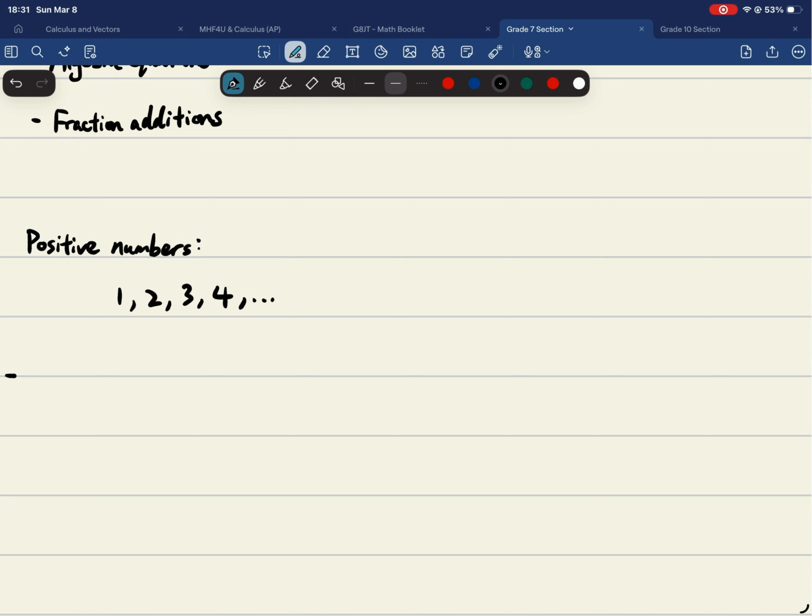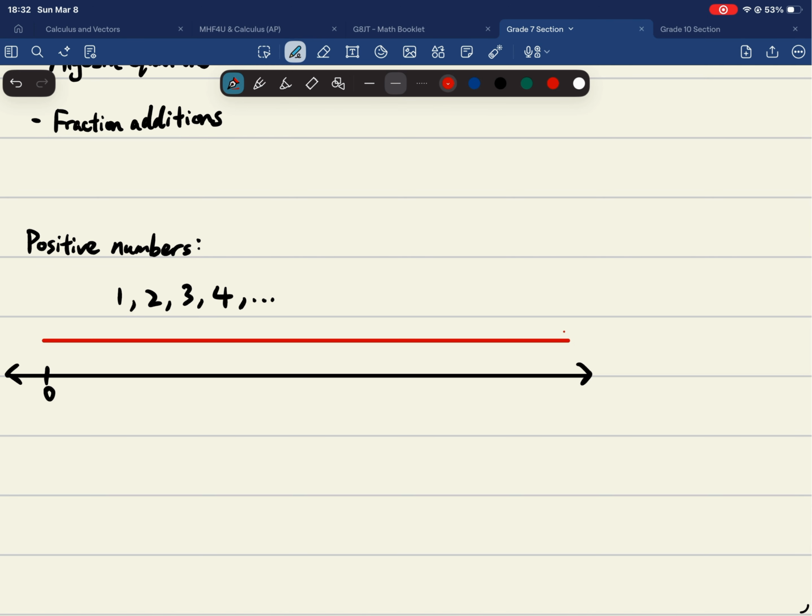If you're looking at a number line, if I draw a number line here, if this is 0, then positive numbers will be any number bigger than 0. So if there's 1 here, there's 50 here, or there's 100 here, these are all positive numbers.